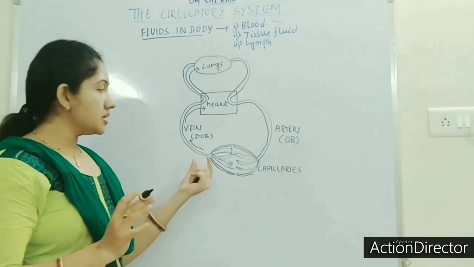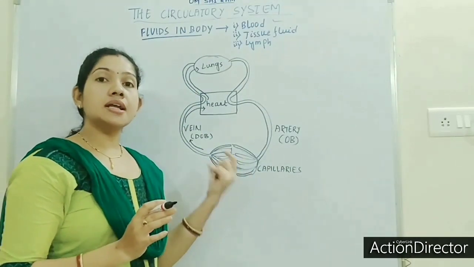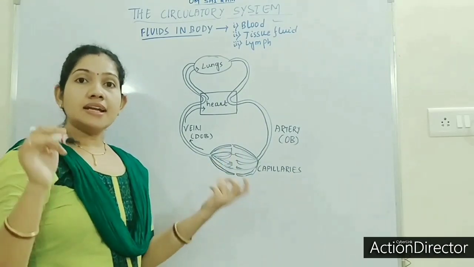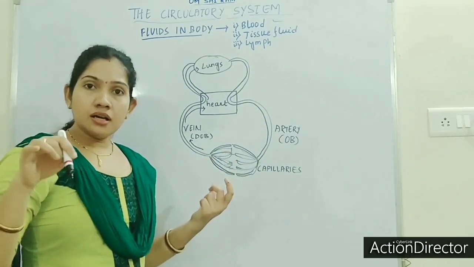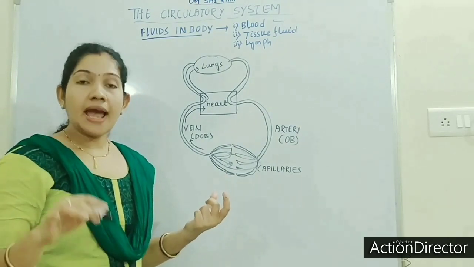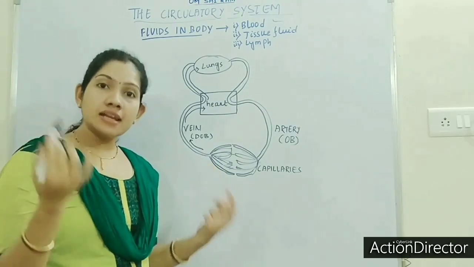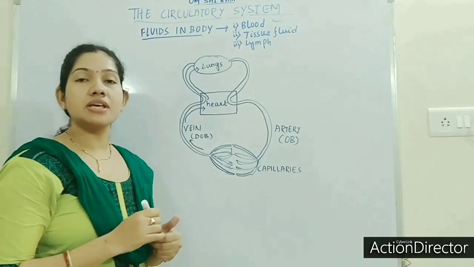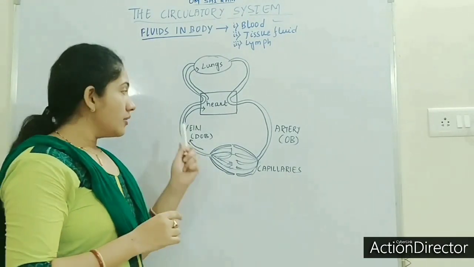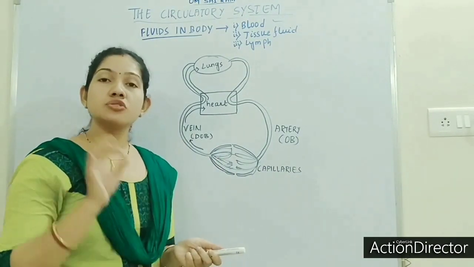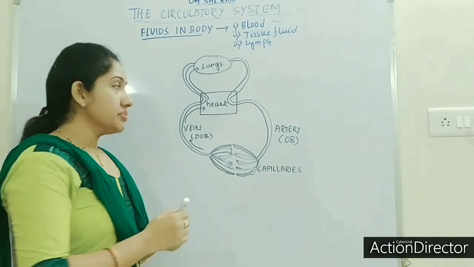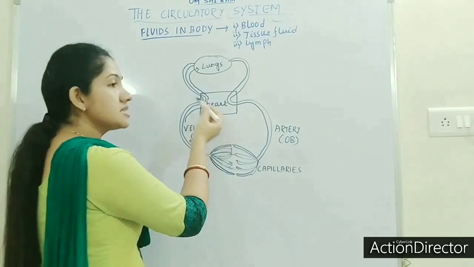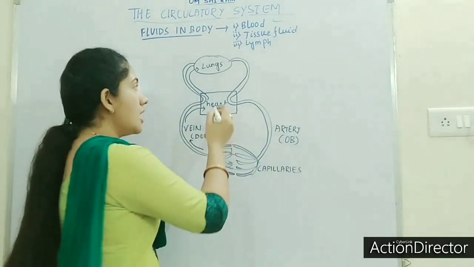Okay, again I am repeating, all the waste material collected in our body is dissolved in blood, and that blood is carried by a special blood vessel known as vein. Veins are the blood vessels which carry the deoxygenated blood, and this deoxygenated blood is taken inside the heart.